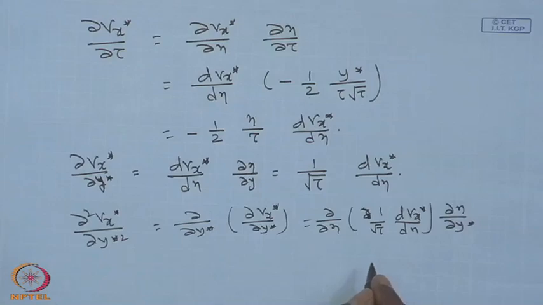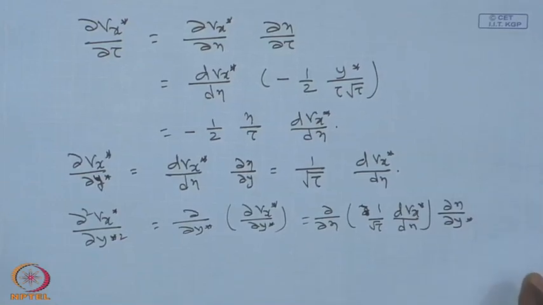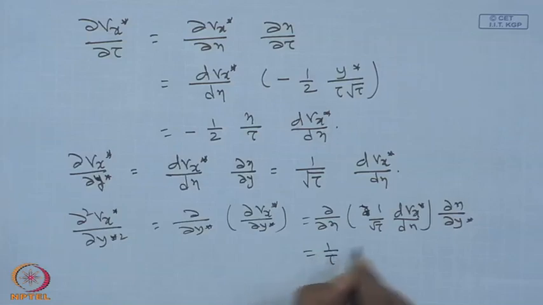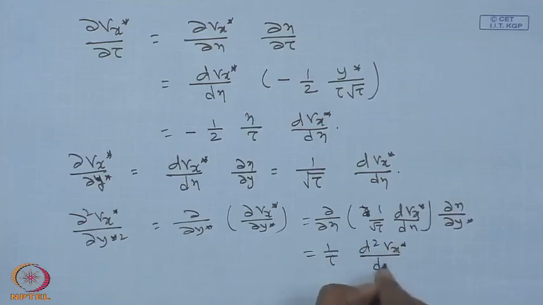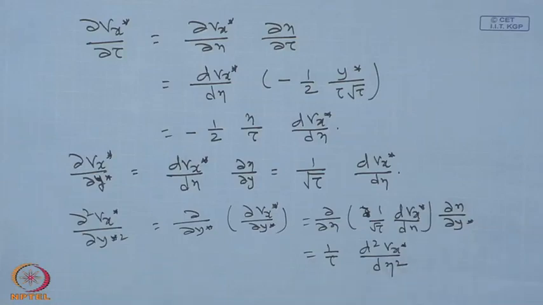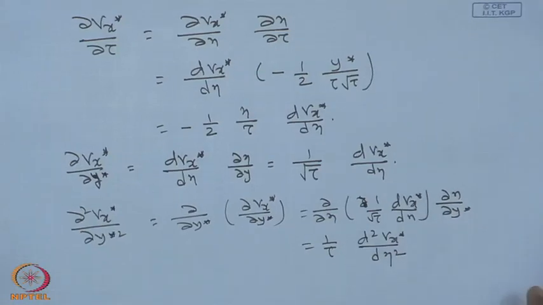Del eta del y star is again 1 by root tau. So, this becomes 1 over tau d square v x star d eta square.